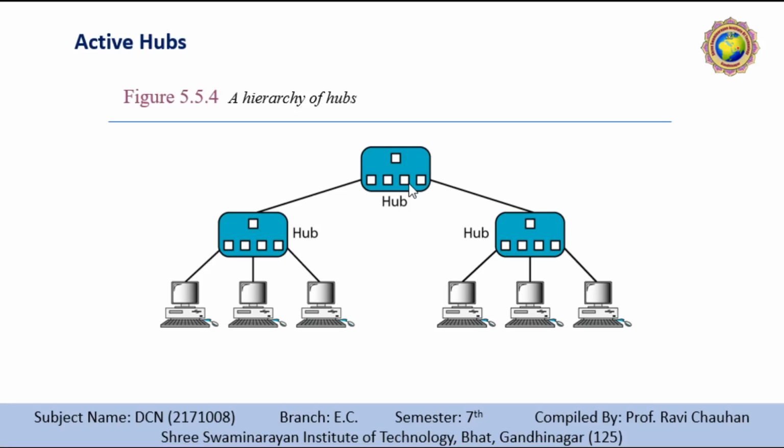We have seen examples of hubs in some Ethernet implementations, just like 10Base-T. However, hubs can also be used to create multiple levels of hierarchy, as you can see in this figure. The hierarchical use of a hub removes the length limitation of 10Base-T, just like our 100 meters. So these are the active hubs.